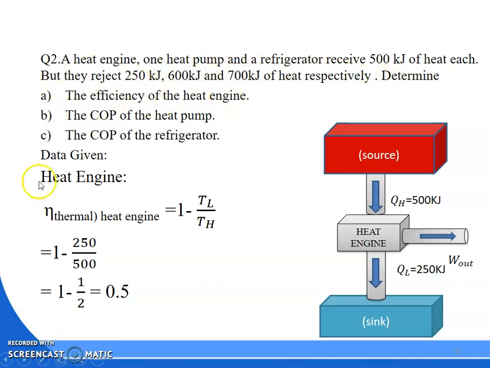So first we consider the case of the heat engine. It receives 500 kilojoule from the source, and it rejects 250 kilojoule. Respectively means the first, the heat engine, comes first, so QL is 250 kilojoule. Then what you have to find out is the efficiency.